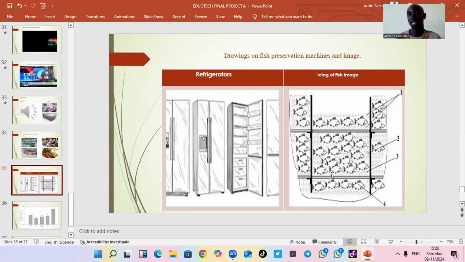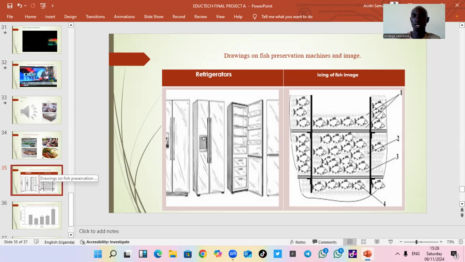Basically, it is done to avoid fish spoilage in East Africa. I have ever eaten fish that has been iced and refrigerated. So we can use drawings to make learners understand how they can preserve fish.